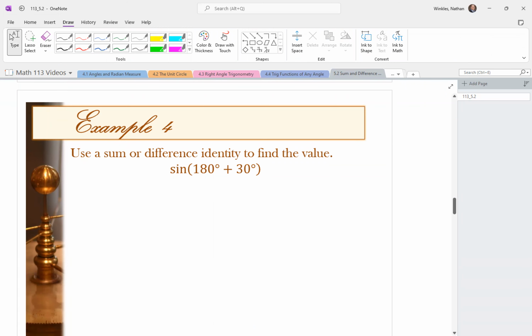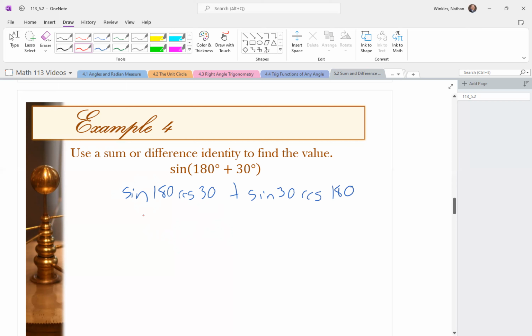So we're told to use a sum or difference identity to find the value of sine of 180 plus 30. So it's a sine and plus. So this is sine 180 cosine 30 plus sine 30 cosine 180.